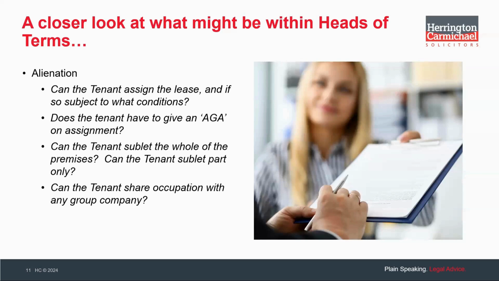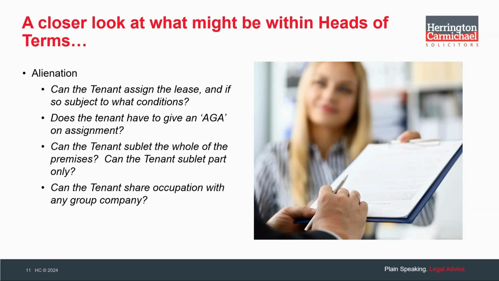But this is basically you as outgoing tenant guaranteeing the performance of the incoming tenant for the tenant lease covenants. Now, if you're transferring the lease to a really strong, solid covenant, a financially strong company, then you might think, why should we be guaranteeing their performance of the lease? And you might not want to give an AGA. So things like this can be discussed, thought about, and ironed out at the heads of terms stage.